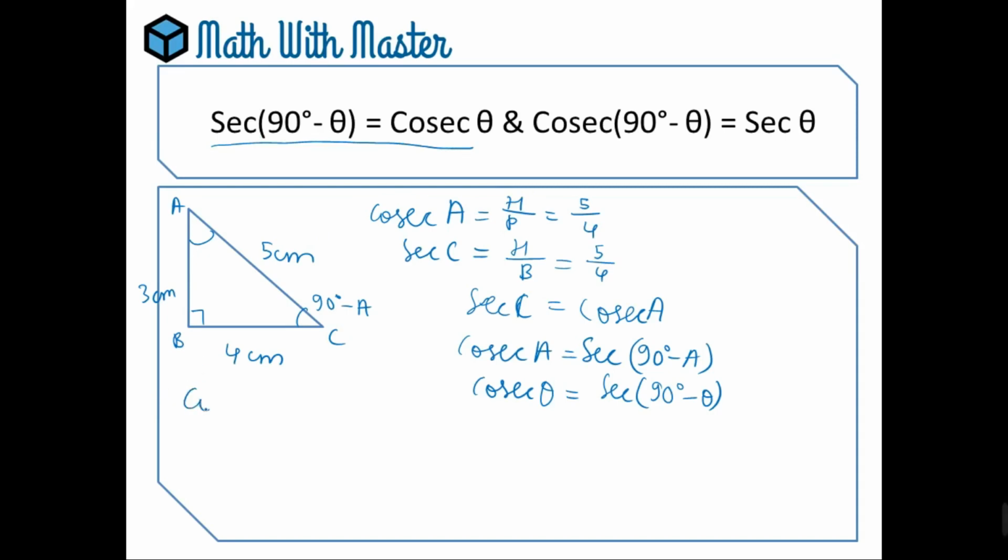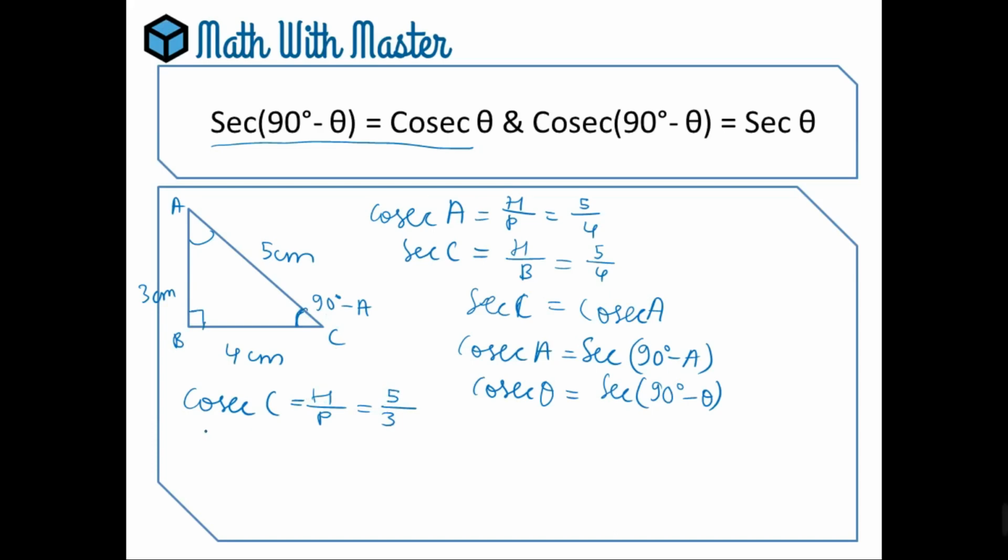And now what is cosec C? Cosec C is hypotenuse upon perpendicular, and for angle C it is 5 by 3.